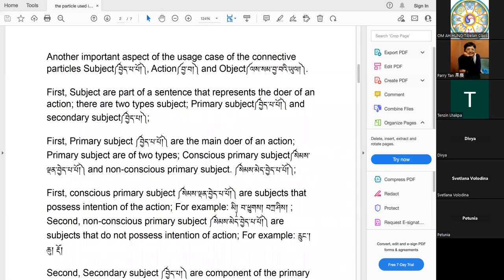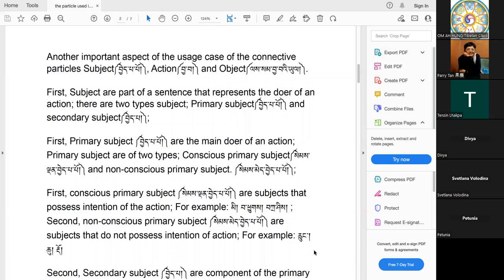No. Similarly, the rock could fall down. Does it have the intention? No. Does it still fall? Yes. And we will understand that with the difference of these subjects, the kind of action word that follows each of them is different.